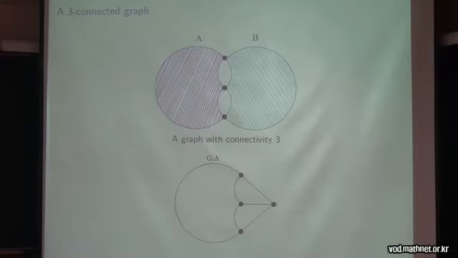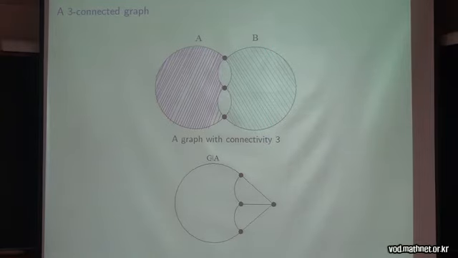Do you assume that B is the part which has the most T vertices? I will say it later. So you don't have to think about that right now. Now we don't have to think about the size of A and the size of B. We are just thinking about the structure of A and the structure of B. And we are talking about just a 3-connected graph.